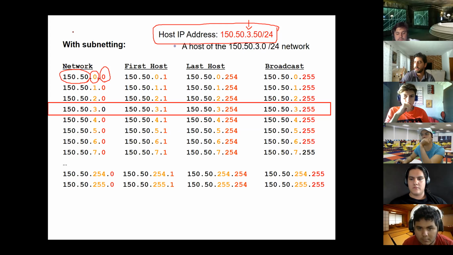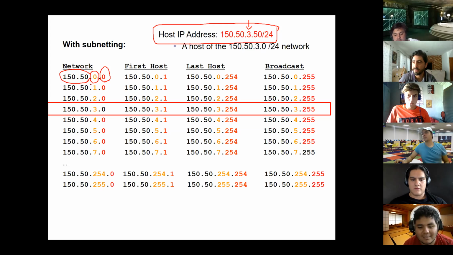So how many hosts do you have? Let's say first, how many subnets do you have here? If I give you this, how many subnets? 256, right? All the way from 0 to 255.